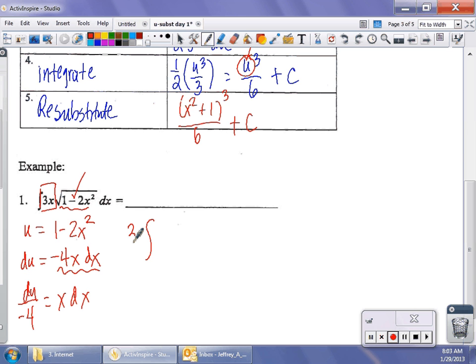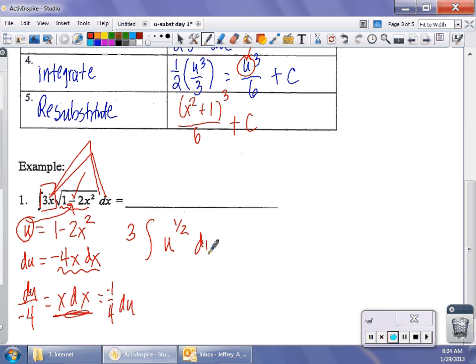So there's my 3. I'm going to substitute u in place of 1 minus 2x squared, so I have u to the 1/2 power. The x multiplied by dx, here it is right here, gets replaced with du over negative 4, which is negative 1/4 du.